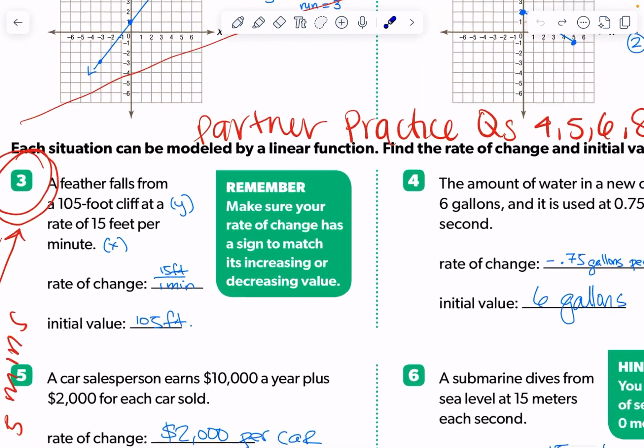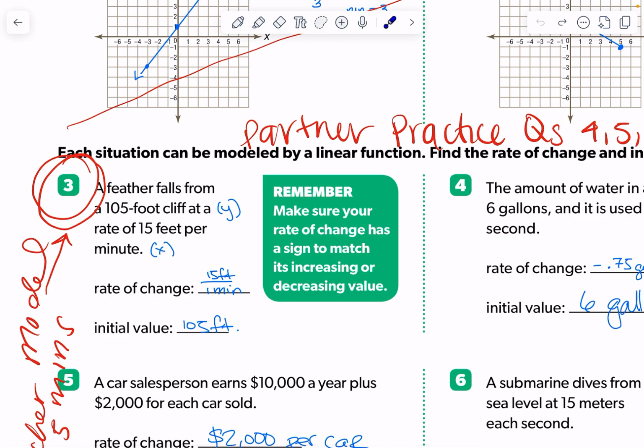Now, that question that we just worked on had a table. This question does not have a table. It tells you that a feather falls from a 100-foot cliff at a rate of 15 feet per minute. So rate of change can be the change in y over the change in x. It can also be distance over time, d over t.